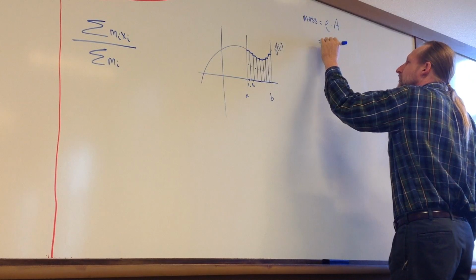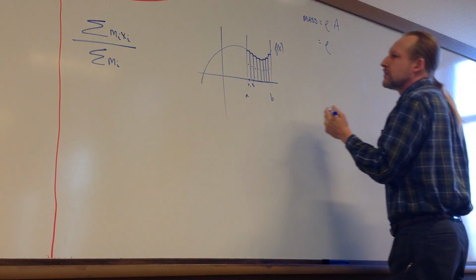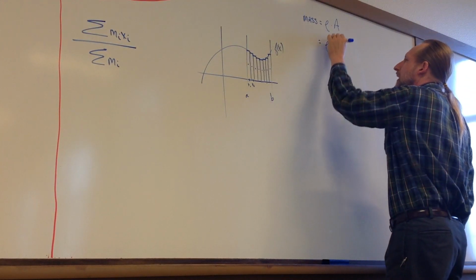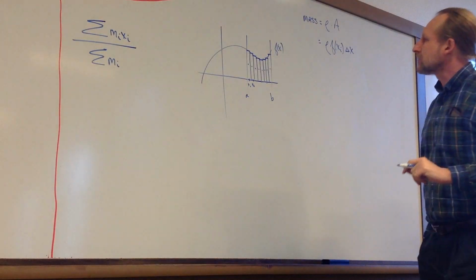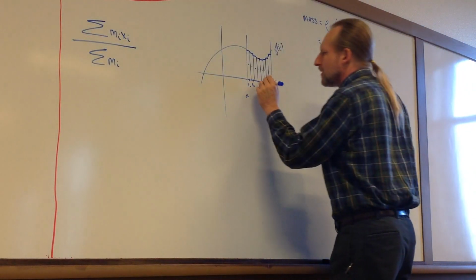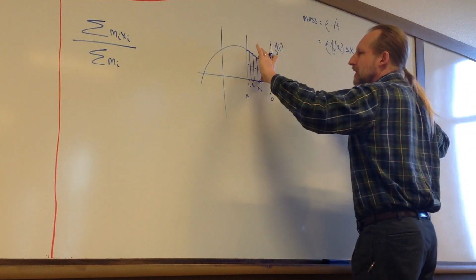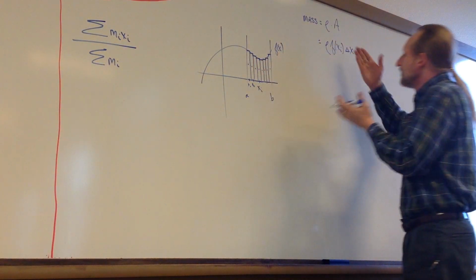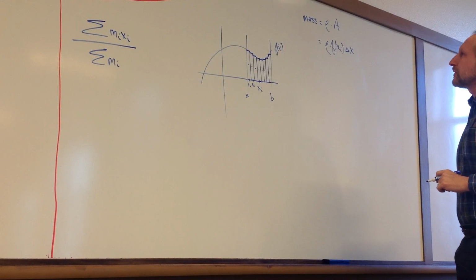So this is going to be density, and then our area is going to be f of x sub i times delta x. Let's say this is x sub i, and so f of x sub i is the height, delta x is the width. This is just the area that we actually started out with back in winter term.